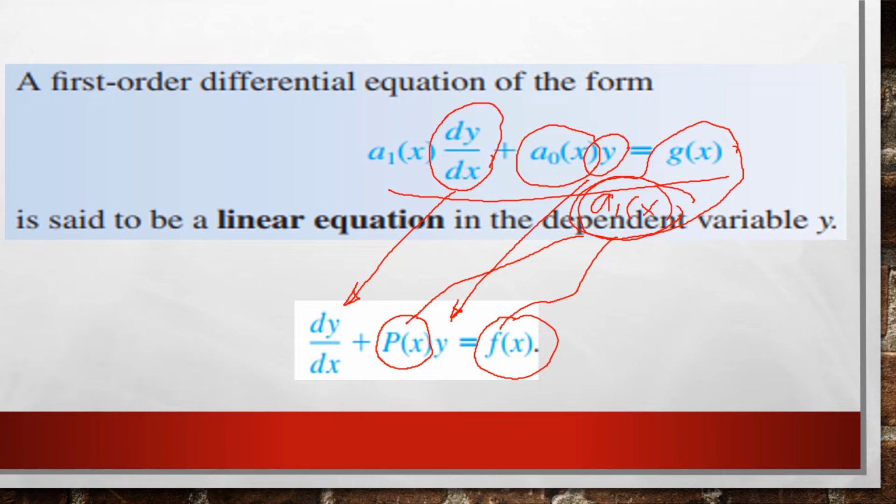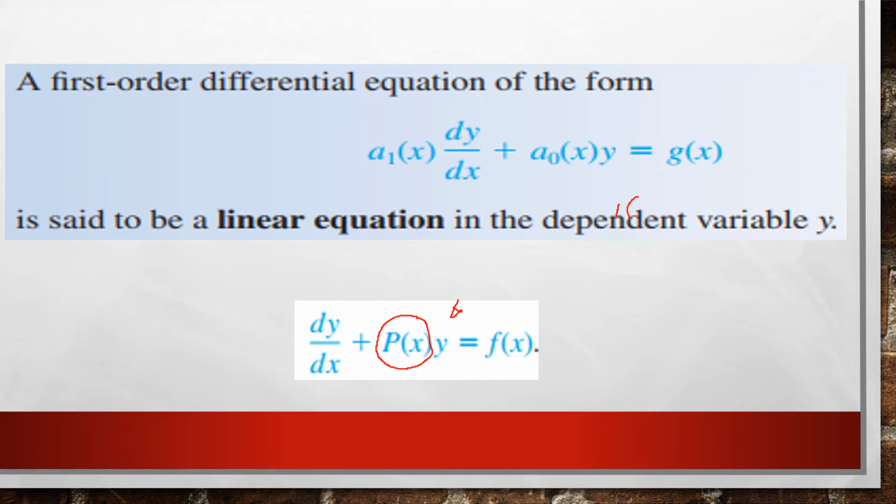We take note that if we say that f(x) or g(x) is equal to 0, this takes the form of a homogeneous equation, whereby you can solve this by what we call separation of variables.